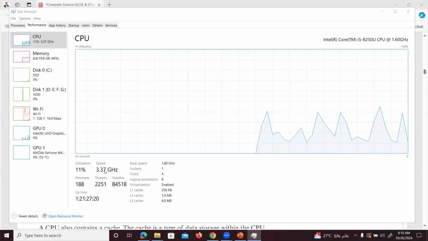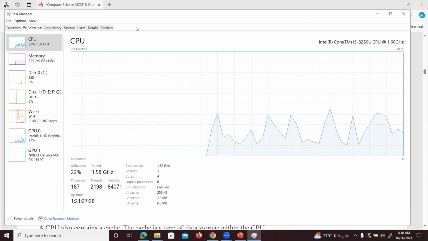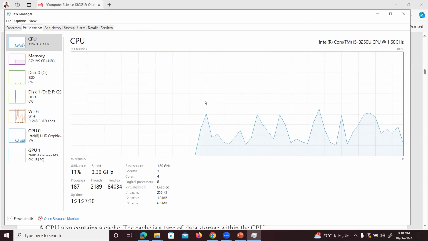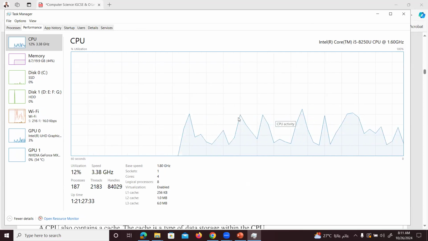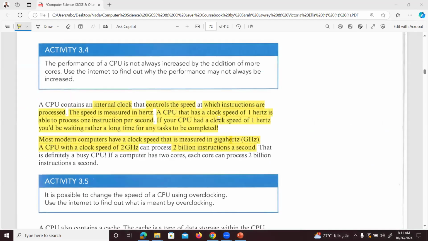So if my processor is showing me this speed, that means it can perform up to 3.5 billion instructions per second. This is why it is known as the internal clock of your computer system that is responsible for maintaining the speed.